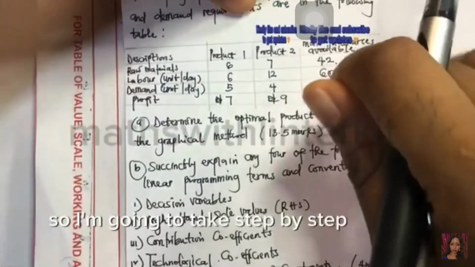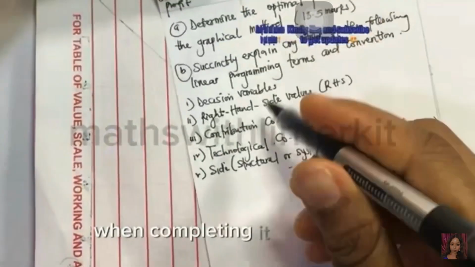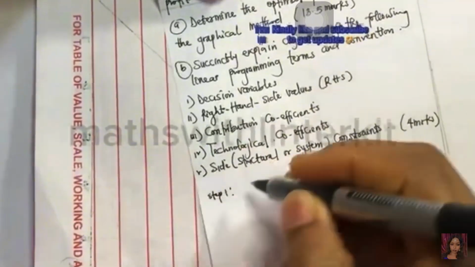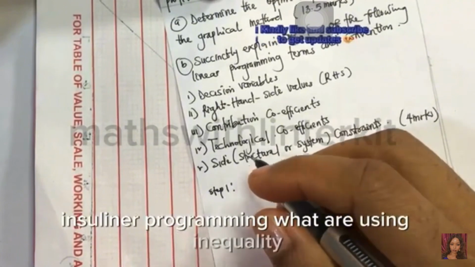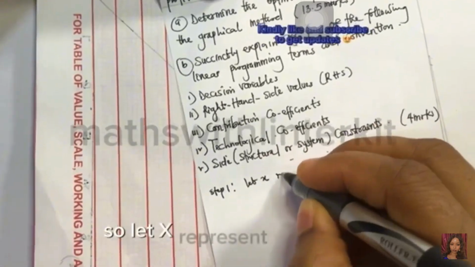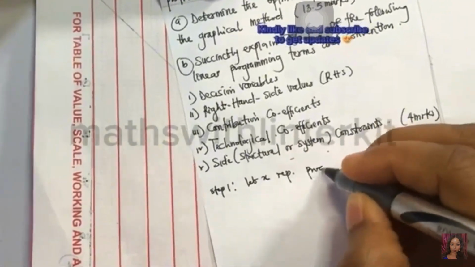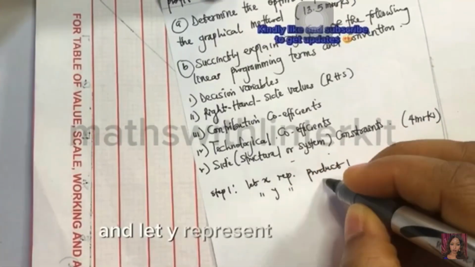So I'm going to take you step by step on what to do when computing it. So step 1 shall be to formulate the above problem into a linear programming model using inequalities. So let X represent product 1 and let Y represent product 2.